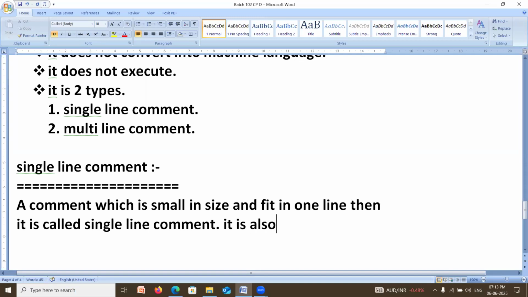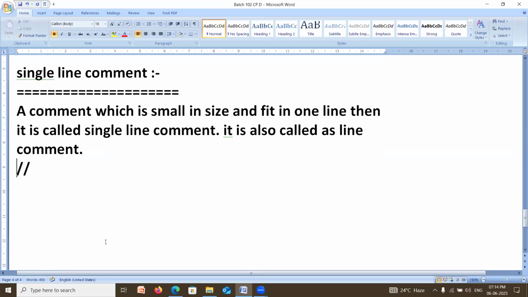It has another name. It is also called line comment. How can computer understand it is a line comment? It always begins with this symbol. If any line begins with this symbol, computer can understand it is a comment. Then that line won't compile, won't convert into machine language, and won't execute.